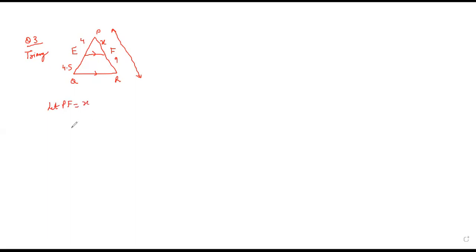Because EF is parallel to QR, 4 upon 4.5 is equal to x upon 9. Which implies x is equal to 36 upon 4.5, which is equal to 360 upon 45.